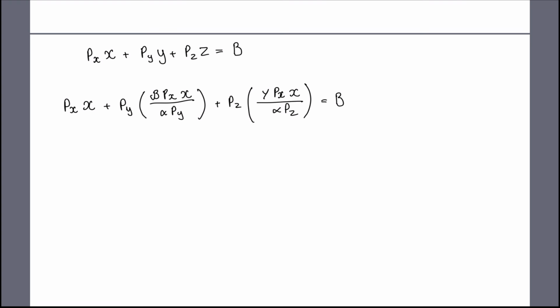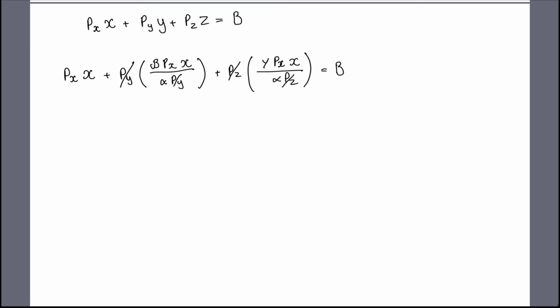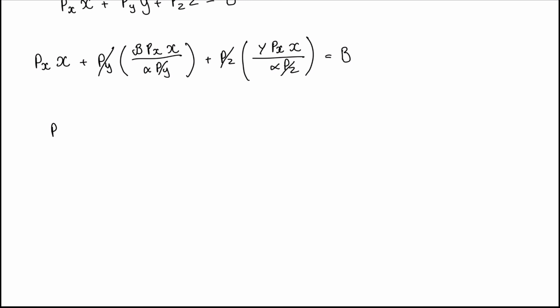What we can now do is get rid of the py and the pz over here, and so we're left with px x plus beta px x over alpha plus gamma px x over alpha is equal to b.